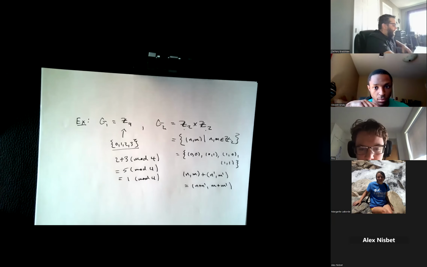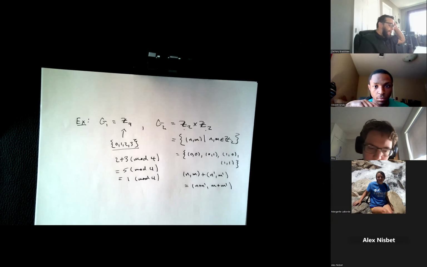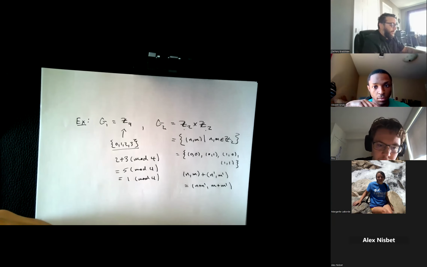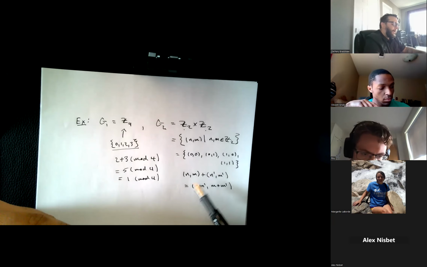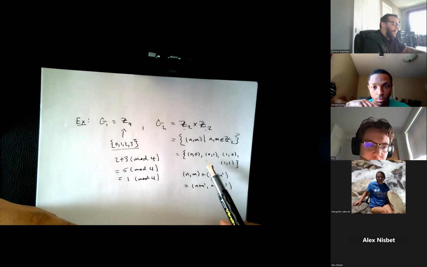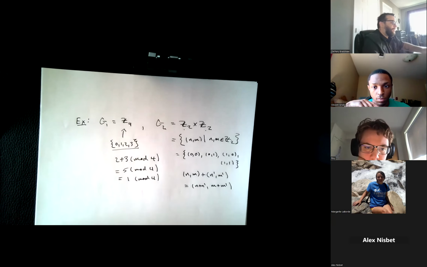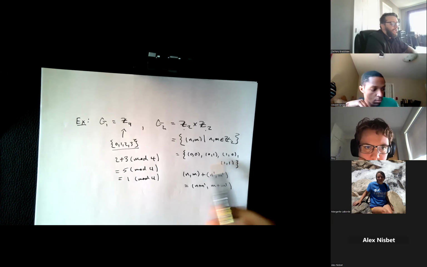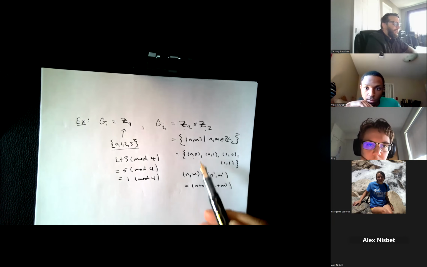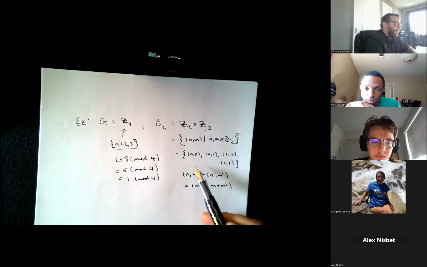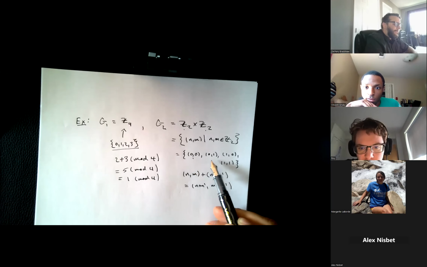An easy way to prove that these things are not in fact isomorphic to each other is to show that the order of an element, which is the number of times that you have to add it to itself before it reaches the identity, is preserved under an isomorphism, right? And then you would just look at the orders of all the elements, right? Order of the identity is 1, because I just added 0 times to itself.